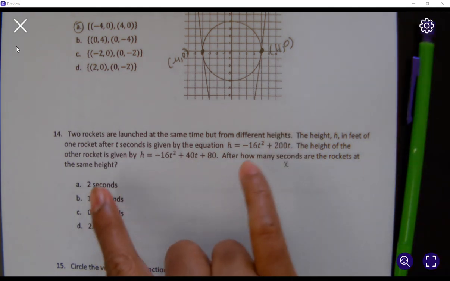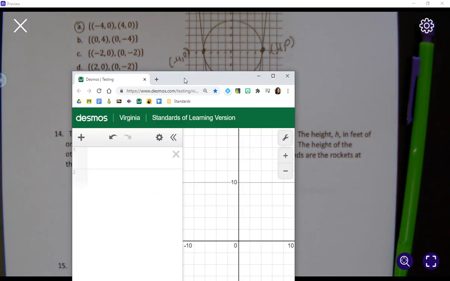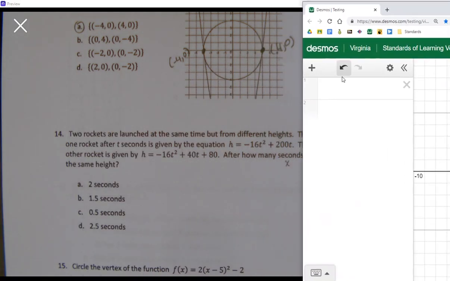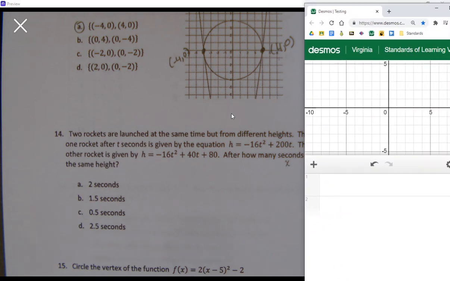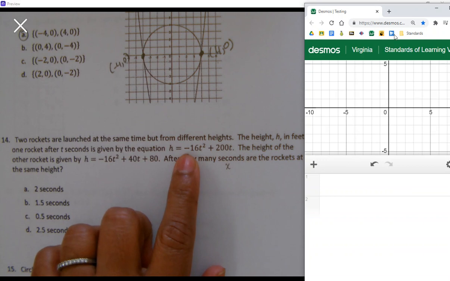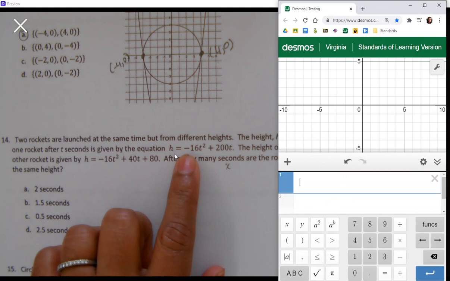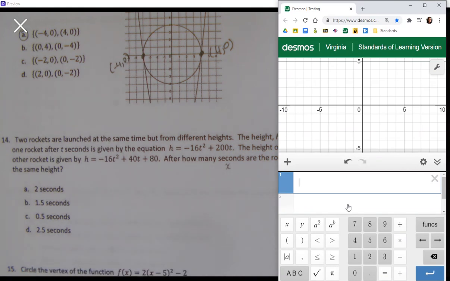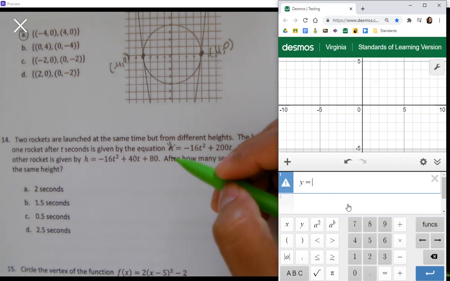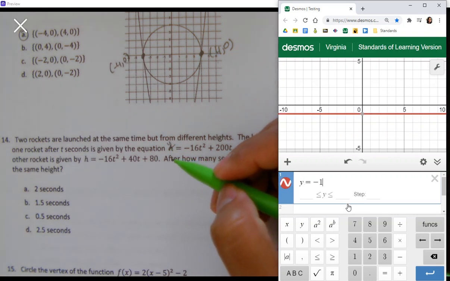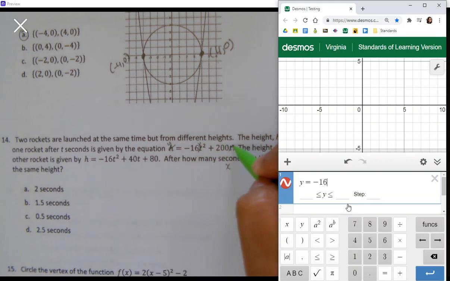So what I'm going to do is I'm going to go ahead and graph these, but watch how I graph them. Instead of putting h and t, I'm going to go ahead and switch these to x and y. Okay? So h equals, oh, I like this better. So instead of putting h, I'm going to change this to a y. So you have y equals negative 16, and then t, I'm going to change that to an x.